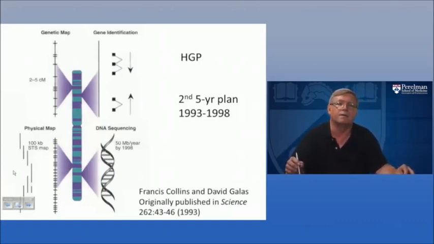And so a new set of plans was set forth that included, in addition to the STS maps and the linkage maps, the identification of all of the genes in the human genome, and also very substantial improvements in DNA sequencing technologies. Automated sequencing on slab gels had now become commonplace, and it was recognized that there was a huge window for additional improvement in throughput and efficiency in genome sequencing.